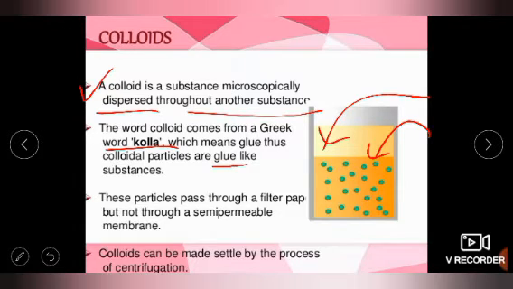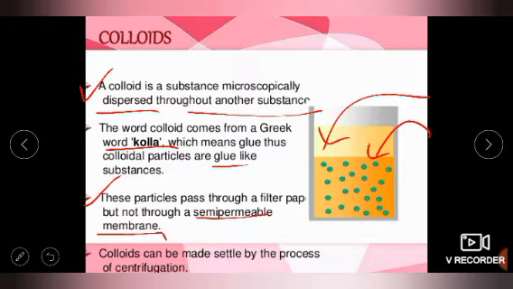These particles pass through a filter paper, but not through a semi-permeable membrane. It can pass through a filter paper because filter paper has larger pores than the semi-permeable membrane. A semi-permeable membrane is like skin membrane; it cannot go through the skin. As you can see, if we pour some ink through this filter paper, it can pass and spread all over the filter paper.